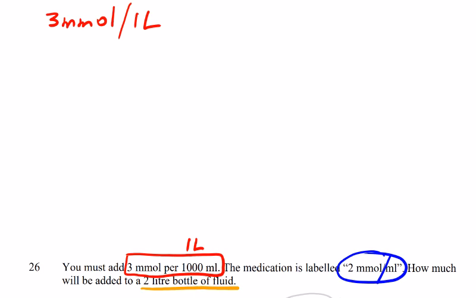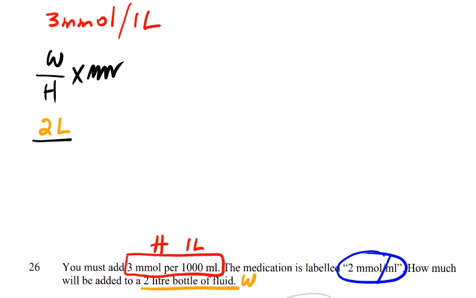So if we are thinking of what we want and what we have, we actually want the 2-liter bottle. That's the full final volume we want. But what we have that will connect to this is this concentration per 1000 mils per 1 liter. So if you are using the want over have formula times the third quantity, our want will be the 2 liters.